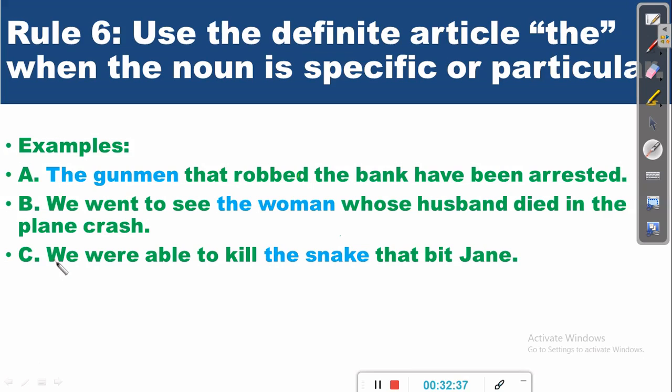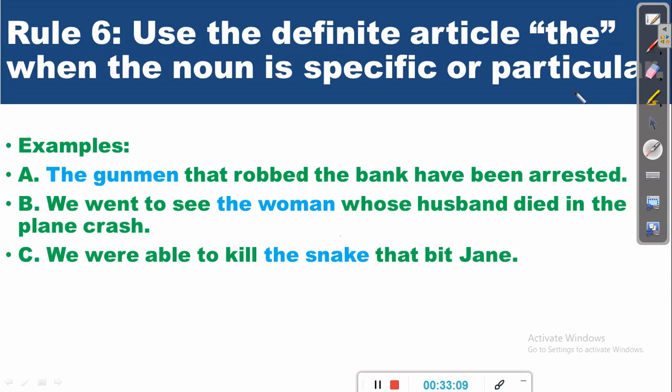Example C, we were able to kill the snake that bit Jane. Here we are talking about a particular snake. We are not talking about snakes in general. But the one we killed was the one that bit Jane. So that is exactly how rule number 6 applies.